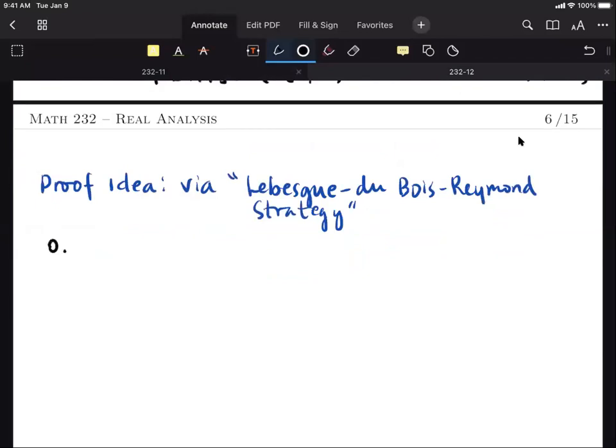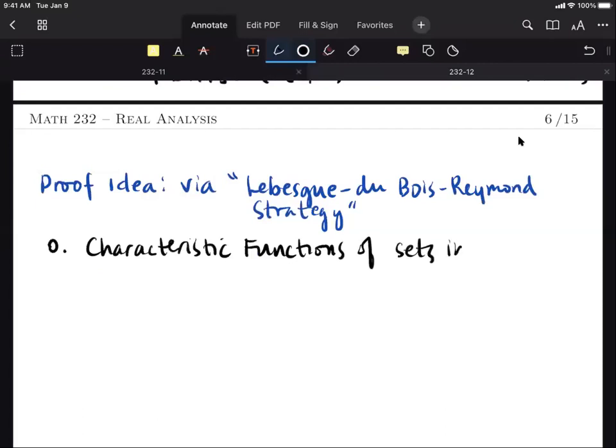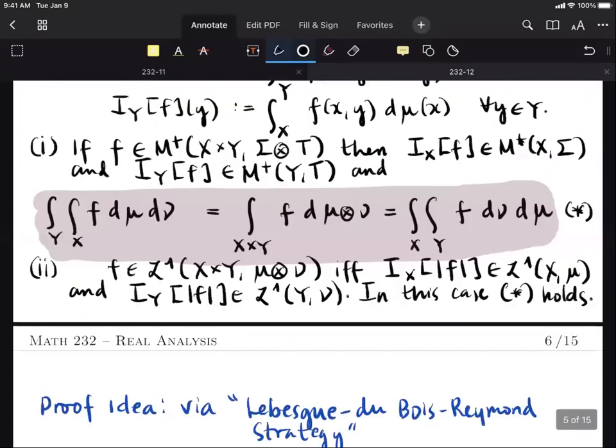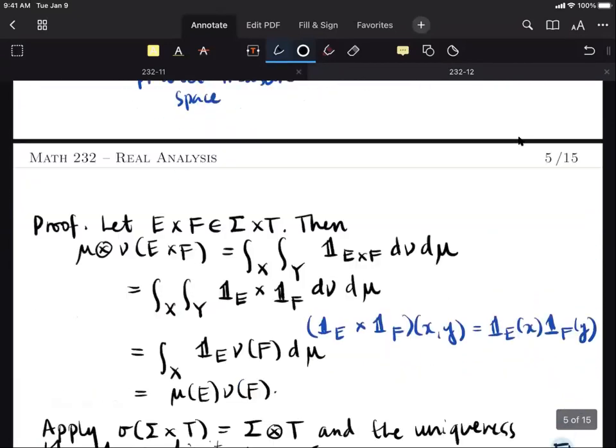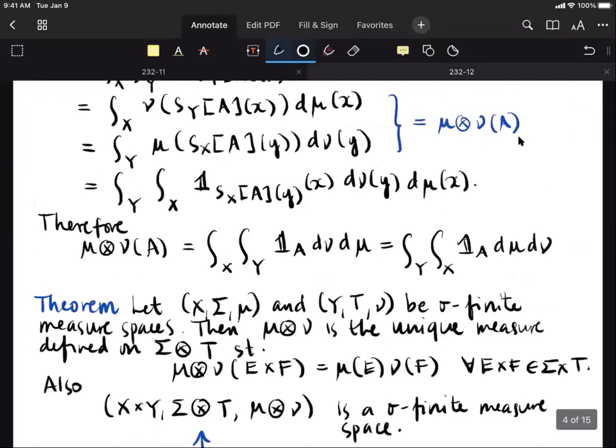So as a first step, you take the case of characteristic functions of sets in the product sigma algebra. Well, this follows from the above discussion. Why? Namely, this one.